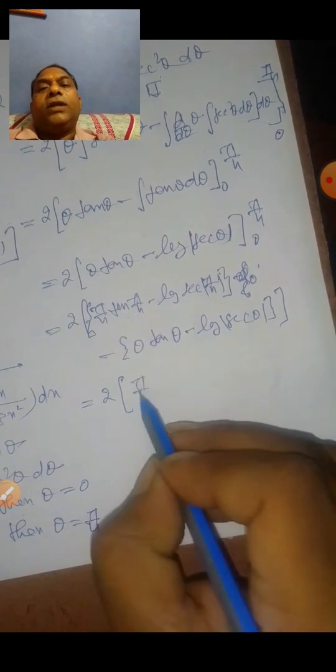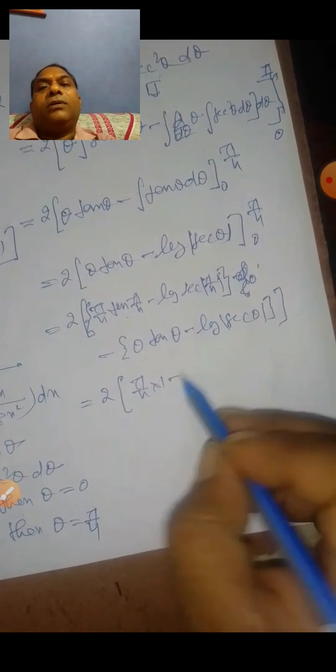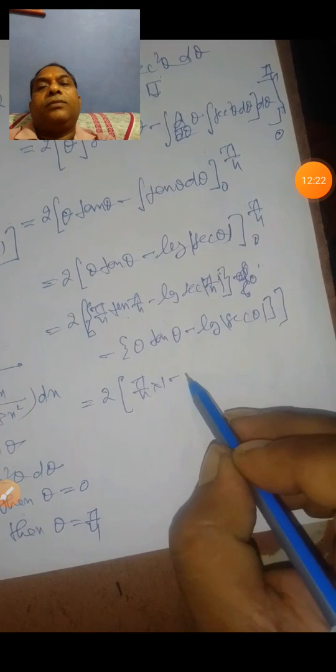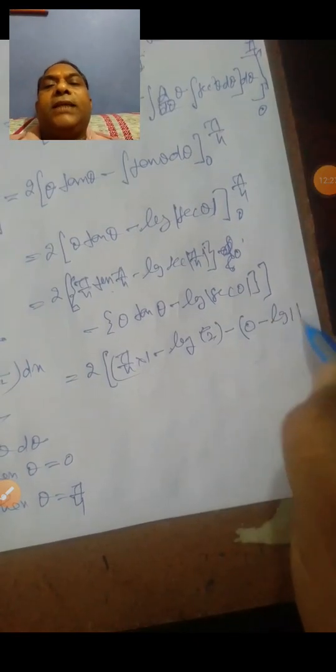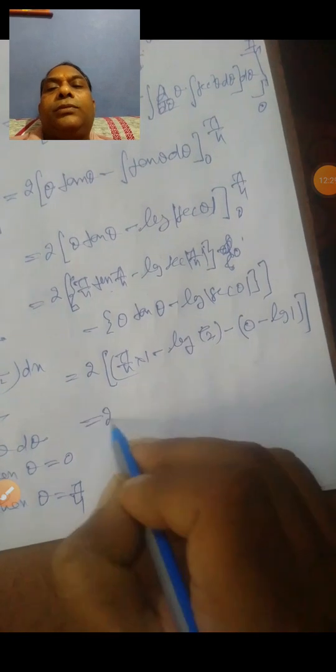So 2 into pi by 4 into 1 minus log root 2, minus log sec 0.